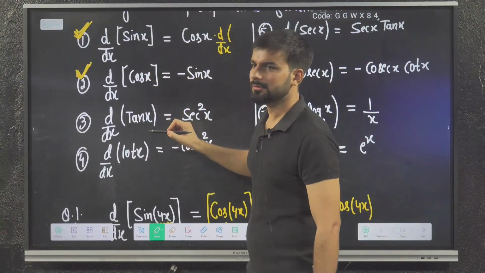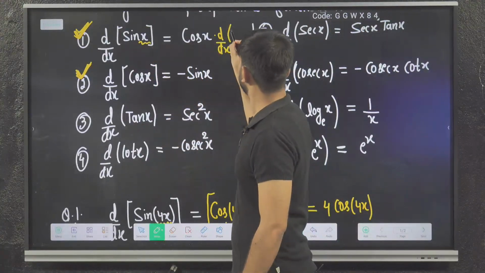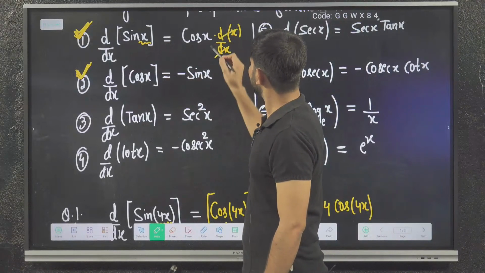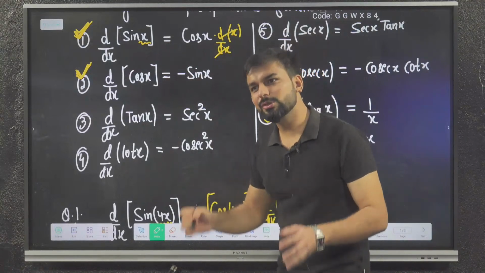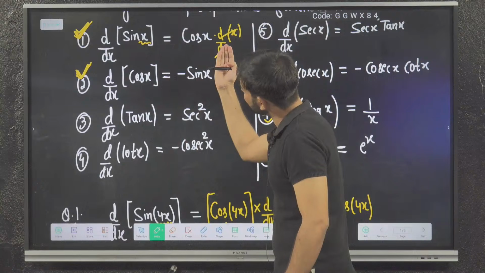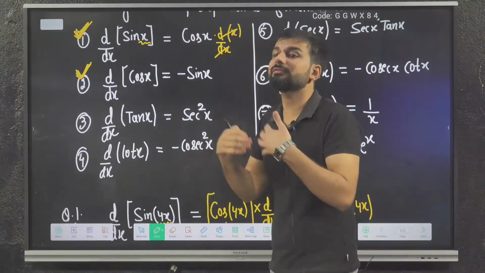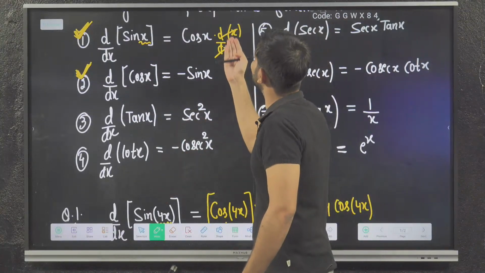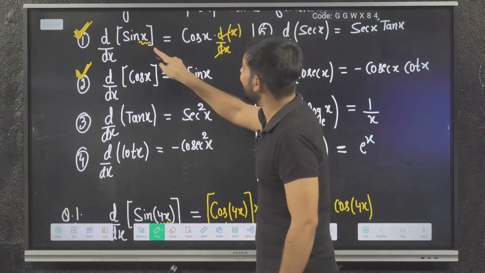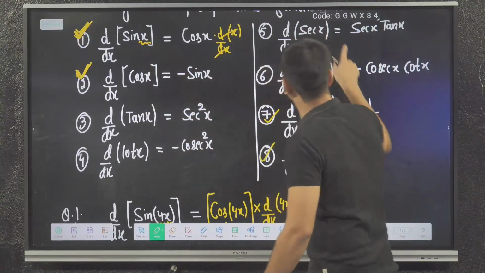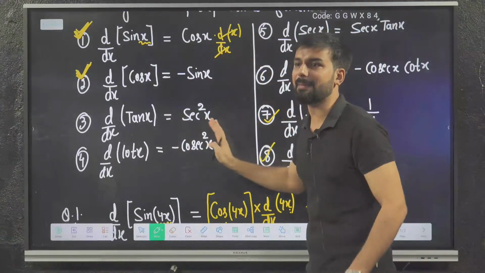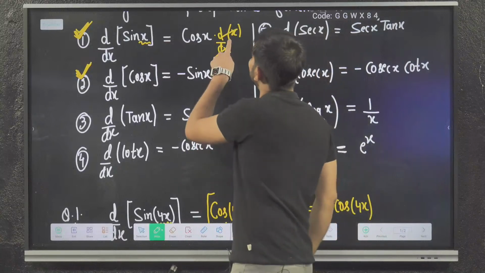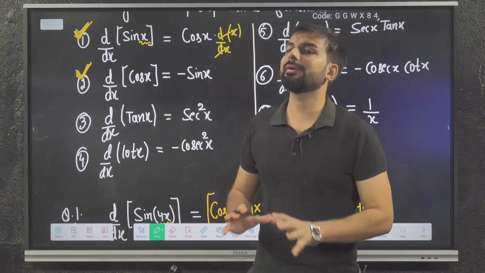The angle here is only x, and the answer I get is 1. So re-differentiation is actually happening here too, but it is not visible because the answer is 1. That is why nobody writes it.